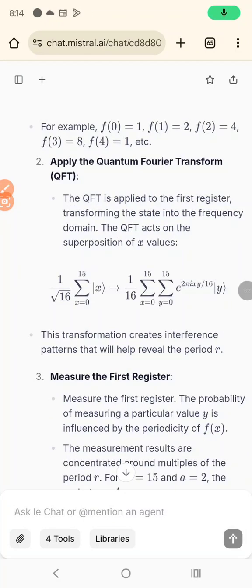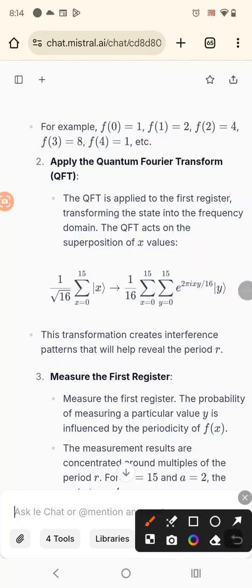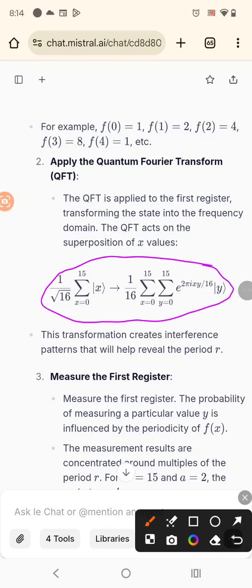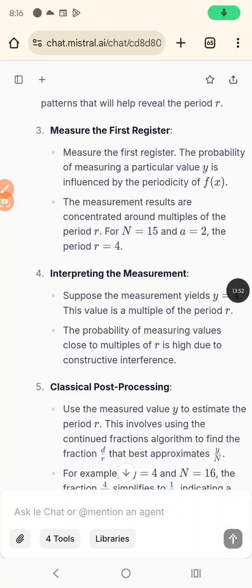Now the QFT is applied to the first register, transforming the state into the frequency domain. So we have now the sum for y equals 0 up to 15 of e to the power 2 pi i x y divided by 16. That's where the period comes into play. Period works with frequency, right? So this transformation creates interference patterns that will help reveal the period r. So now the measurement results are concentrated around multiples of the period r.